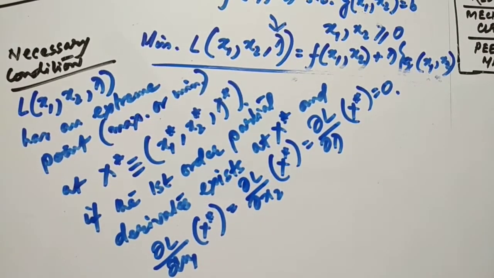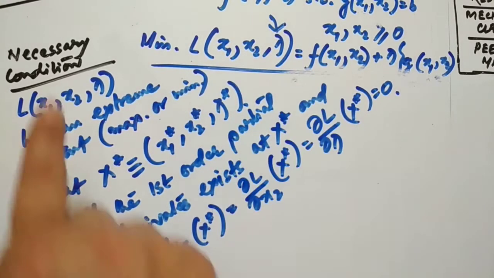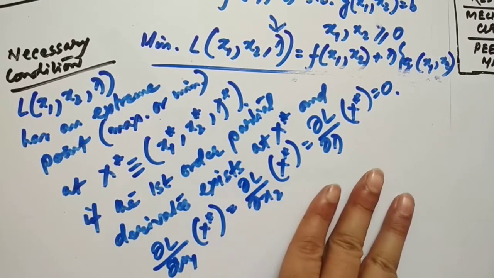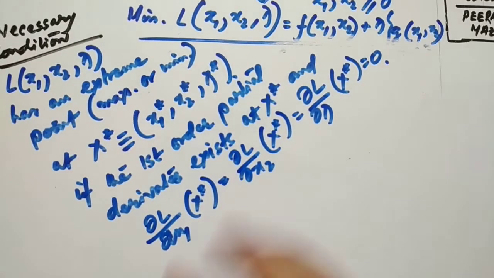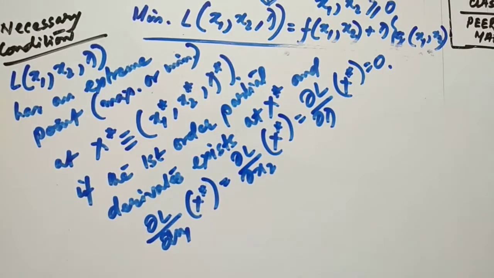As we are dealing with nonlinear optimization problems, every method is going to be an exhaustive or lengthy one. So I will write each and every step for this particular method so that you can take a note and remember, and you can see it again when you forget this method.